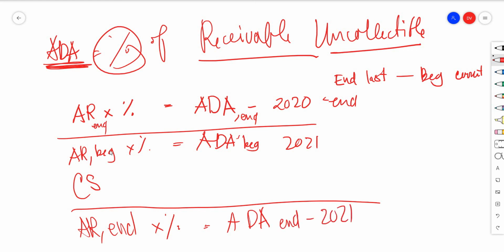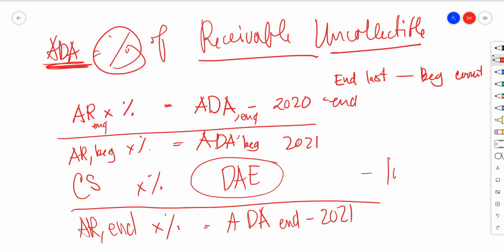Now, ano ba ang nakakadagdag sa allowance for doubtful accounts para makuha yung ending? 'Di ba? Doubtful accounts expense. Therefore, following this concept, ibig pala sabihin, sir, pag minultiply yung credit sales sa percentage, yun pa lang yung doubtful accounts expense. So, ayun yung scenario niya.